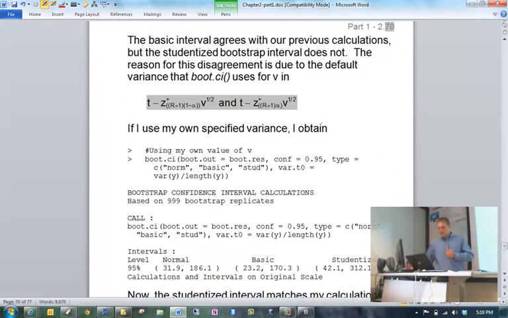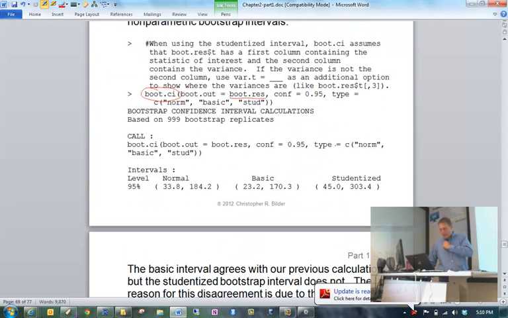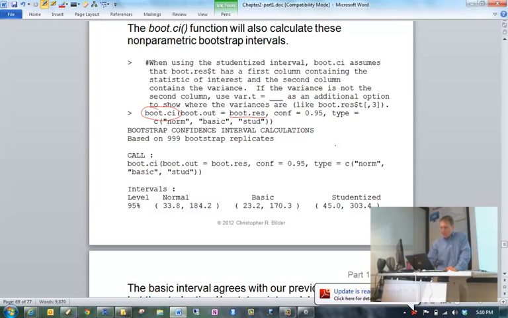Here's what's happening. It just has to do with what's being used for variance. Notice we're not saying anything about the exact form of Z star here. How does R know then what to use for Z star?